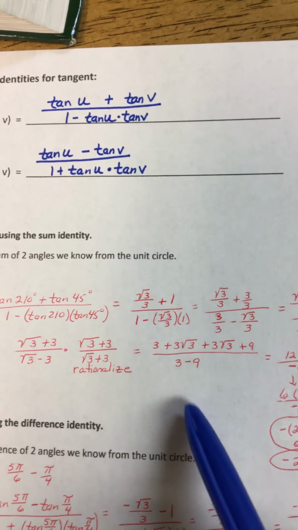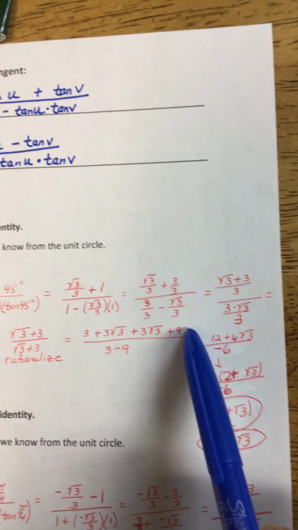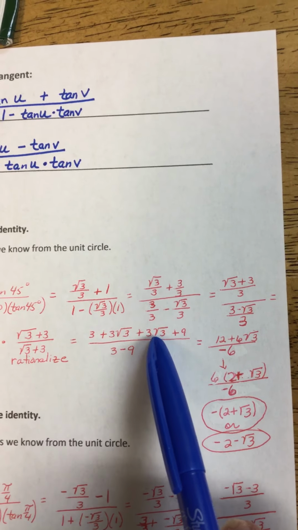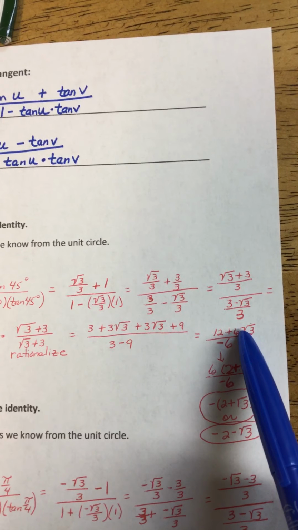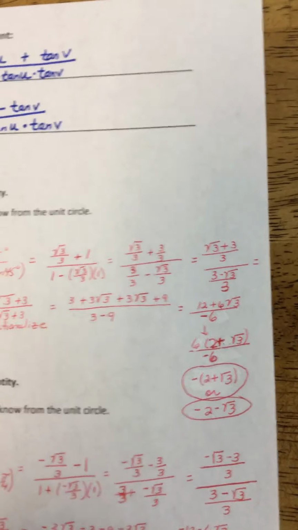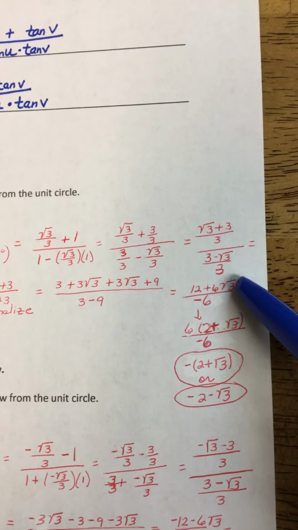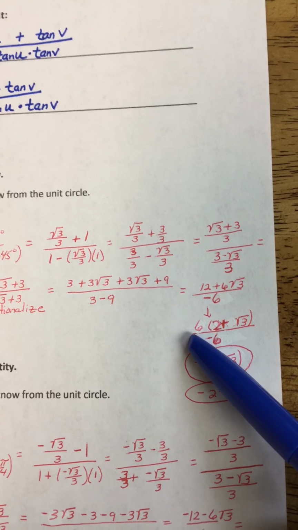Now in my numerator, I have a 3 and a 9, which would make 12. Then I have 3 and 3 more, which would make 6 square roots of 3. 3 minus 9 would be a negative 6. Now I'm showing you how I'm going to take this 12 plus 6 square roots of 3 and factor a 6 out of that.